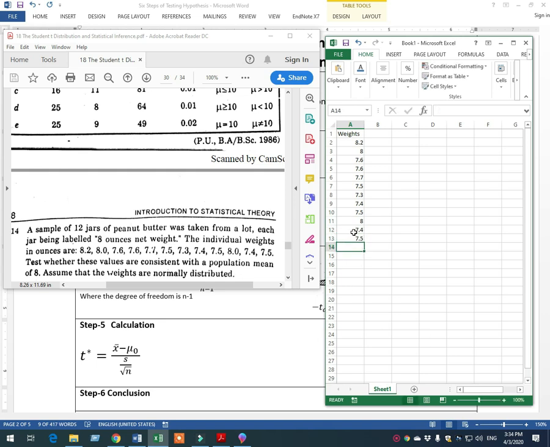So these 12 jars have different weights.